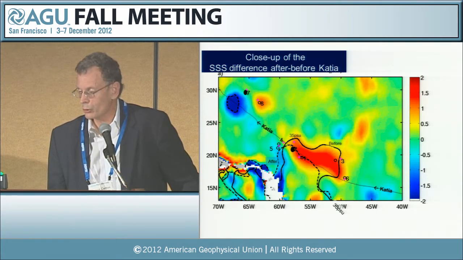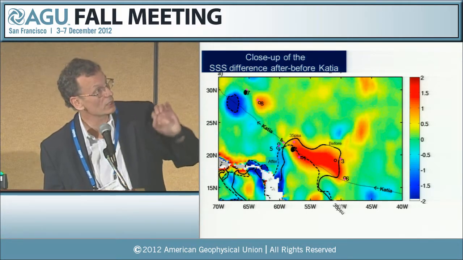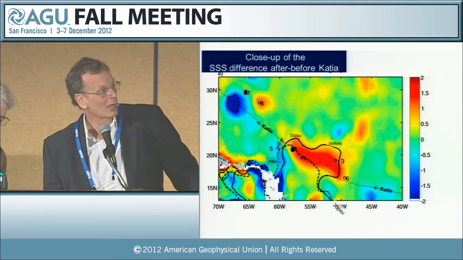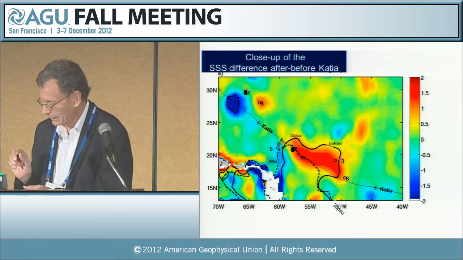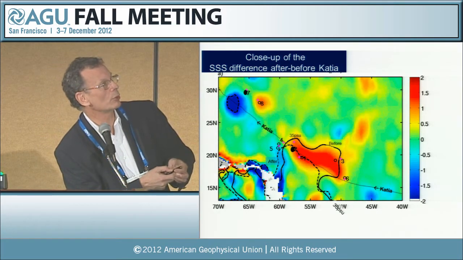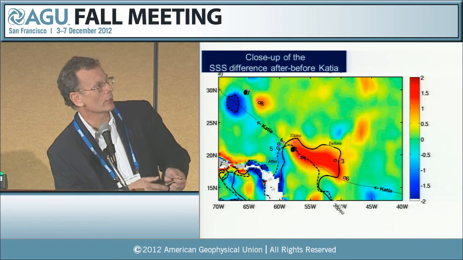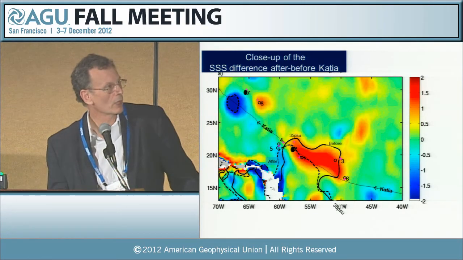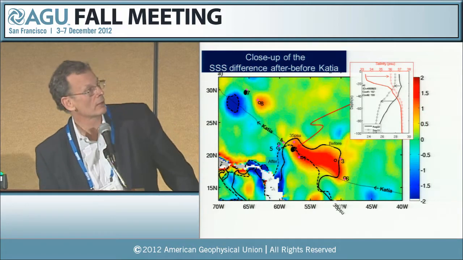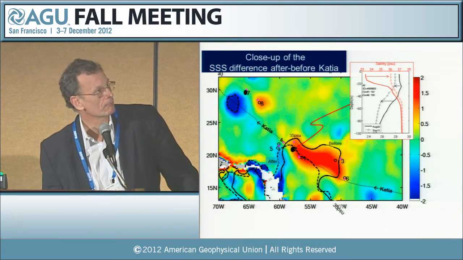I will show you what the Argo floats look like at 2 locations, indicated by the 2 black dots there. One black dot is in the plume, and I'll also take a look at a profile outside the plume.